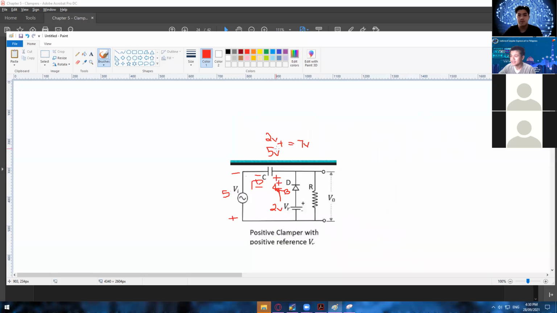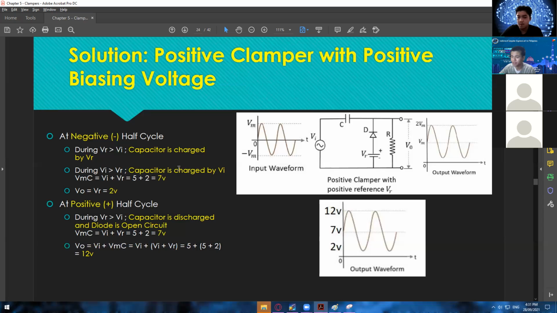Anyway, that explains this capacitor voltage value and why we have 7 volts right here. Why not only 5 volts? Why not only 2 volts? That's because of those two voltages. Okay, so I actually made a mistake here. So this one is correct, I actually already said it. When VR is greater than VI, the capacitor is charged by VR itself.